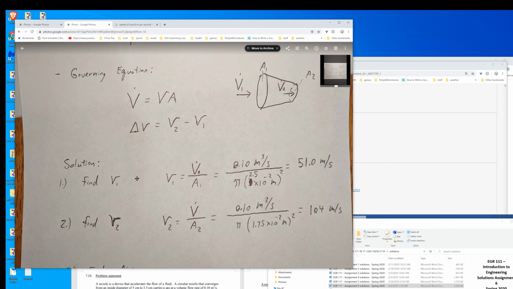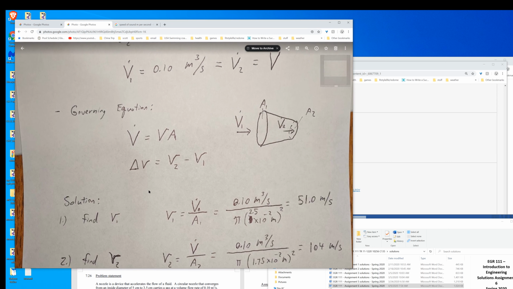So in order for us to solve this problem, we really need to say that it's incompressible, or use that approximation. Although the author said 100 meters per second, in general you could say that if it's less than the speed of sound, which is about 343 meters per second, you can actually use this estimate.